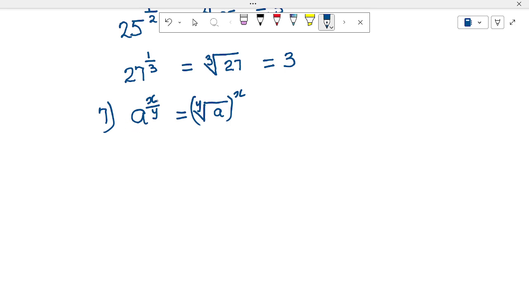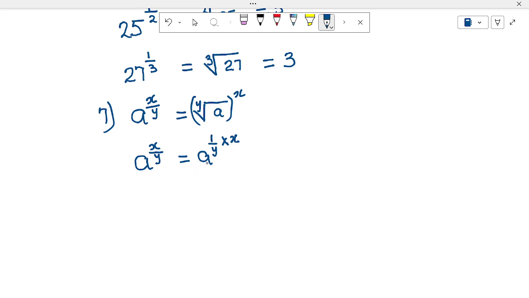Let me show you briefly how this comes about. a raised to power x all over y is the same thing as writing a raised to power 1 all over y times x. If you break this down, x all over y is the same thing as 1 all over y times x.